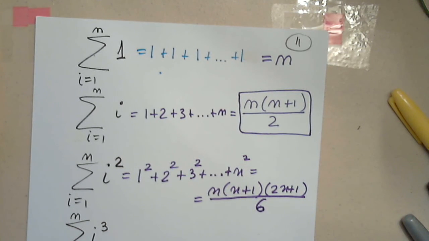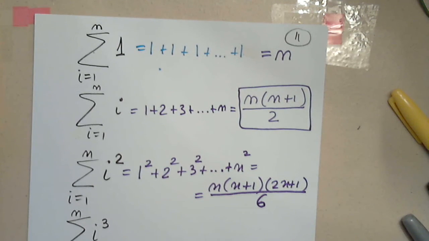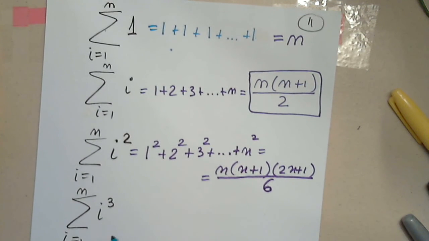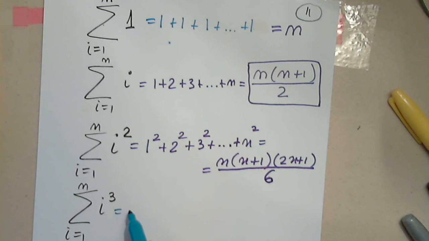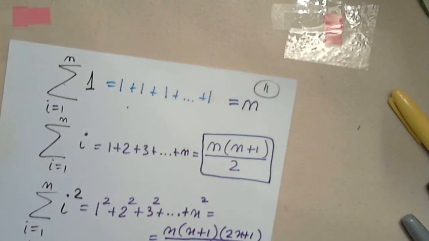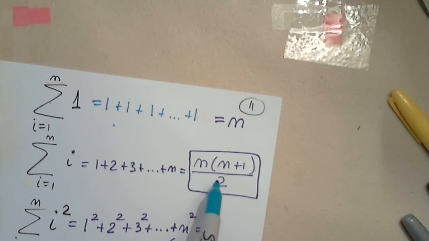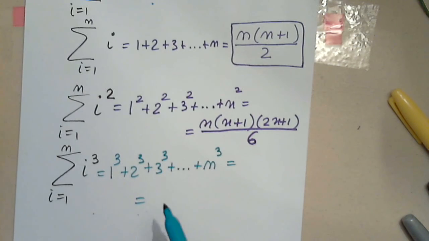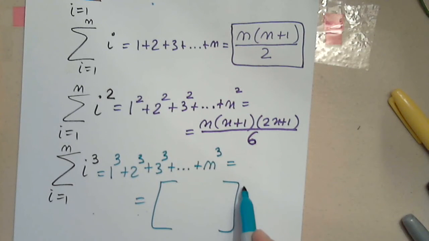And here's the last one, which is easy. Easier than that. Well, what does this mean? Of course, the same thing. 1 to the third plus 2 to the third plus 3 to the third plus dot, dot, dot plus n to the third. And what does this equal to? Well, it happens to be exactly the same, but squared. n times n plus 1 divided by 2.